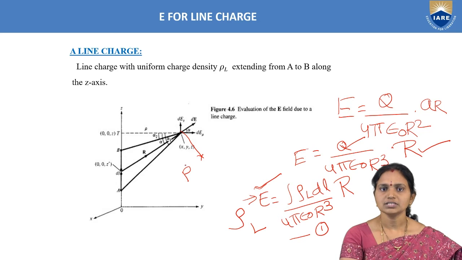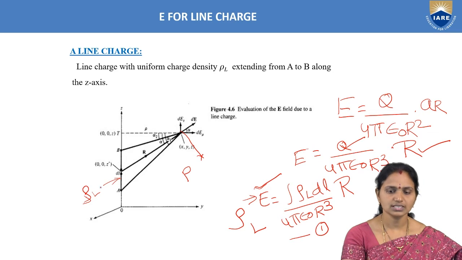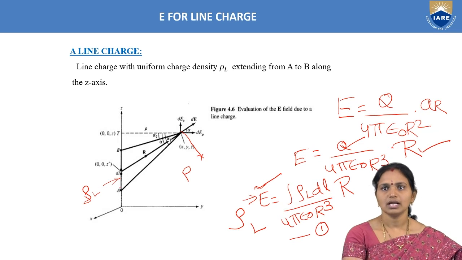Our aim is to calculate the field strength at point P, whose coordinate parameters are X, Y, Z. We need to calculate the electric field strength at point P due to this line charge rho L. Here rho L is the source and the field point is XYZ.